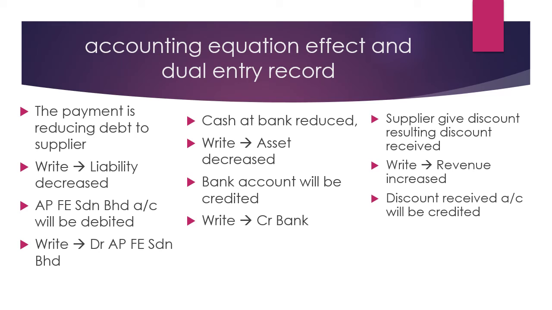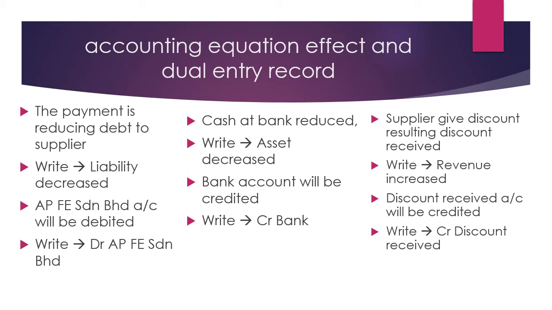And whenever you look at the other color formula, whenever revenue increases, you need to credit that particular account. So that account named discount received, you would credit. So you write CR discount received.